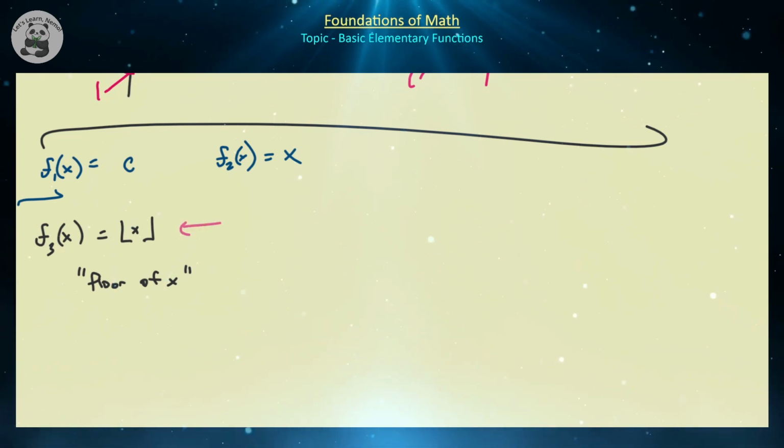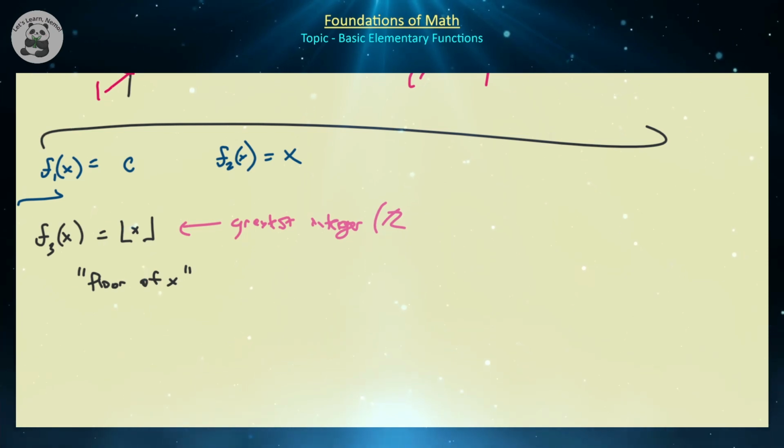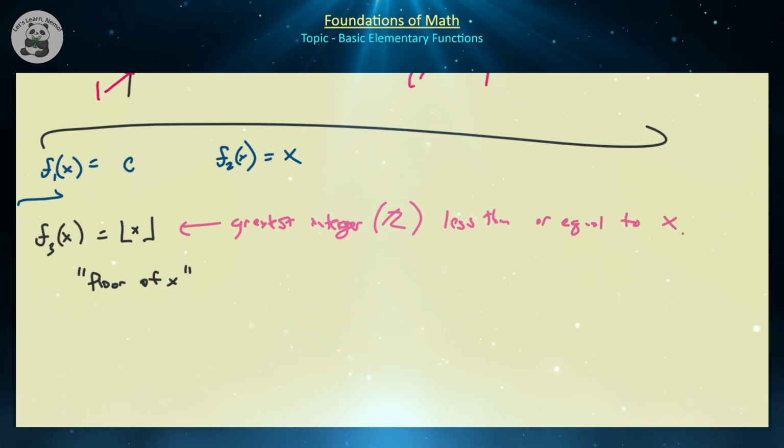So what this is going to be is the greatest integer, keeping in mind integers are like -3, -2, -1, 0, 1, 2, and 3, no decimals, less than or equal to x. So let's just do a couple little calculations.